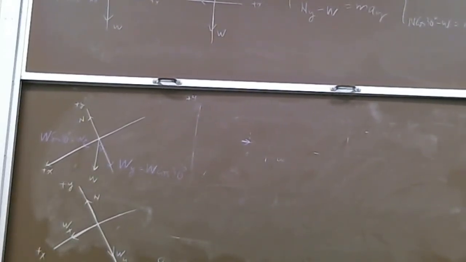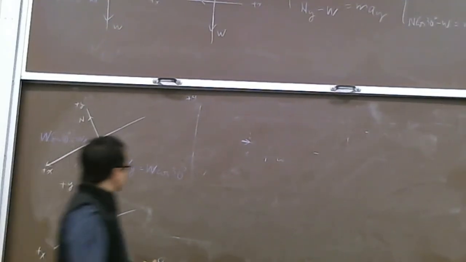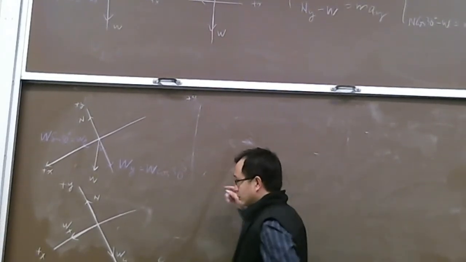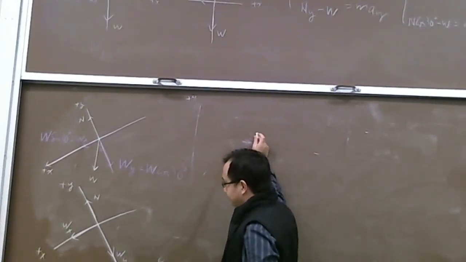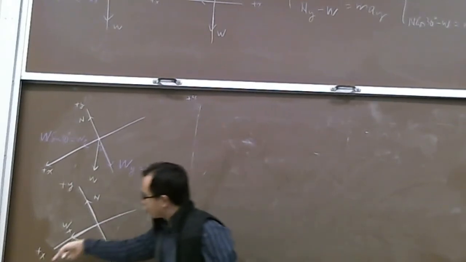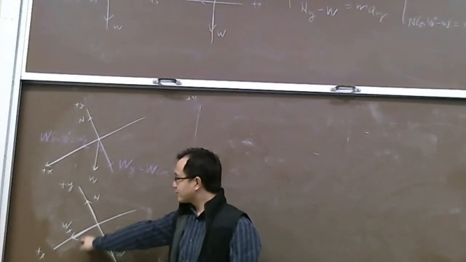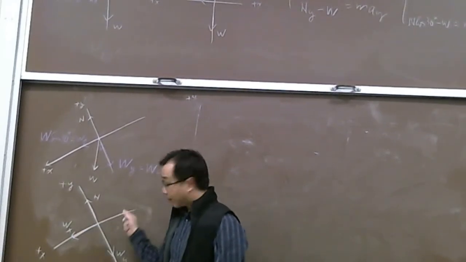Now, if you want to write down Newton's second law in those coordinates, along the x direction, you have only one force, Wx, and it's in the positive direction.